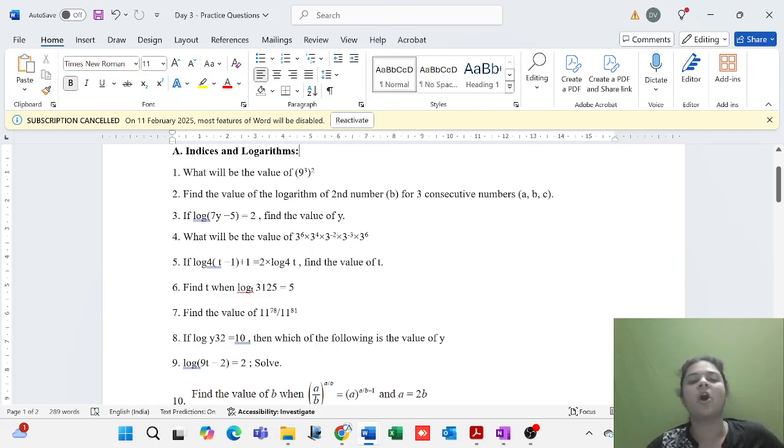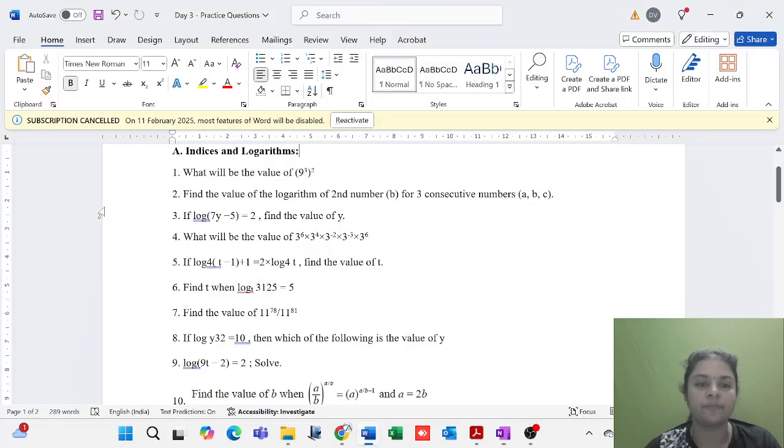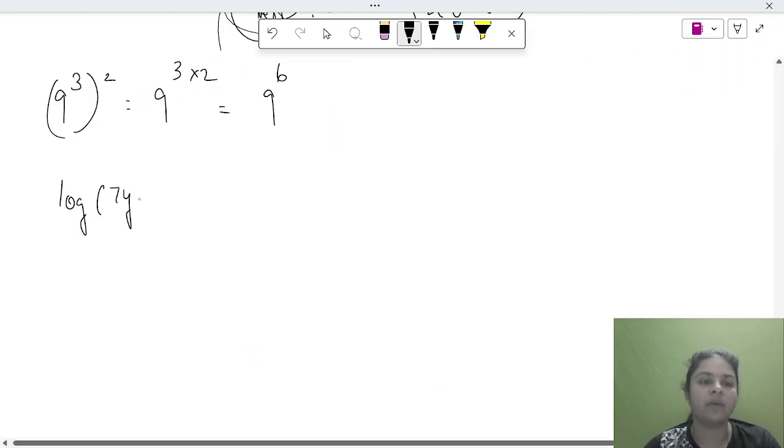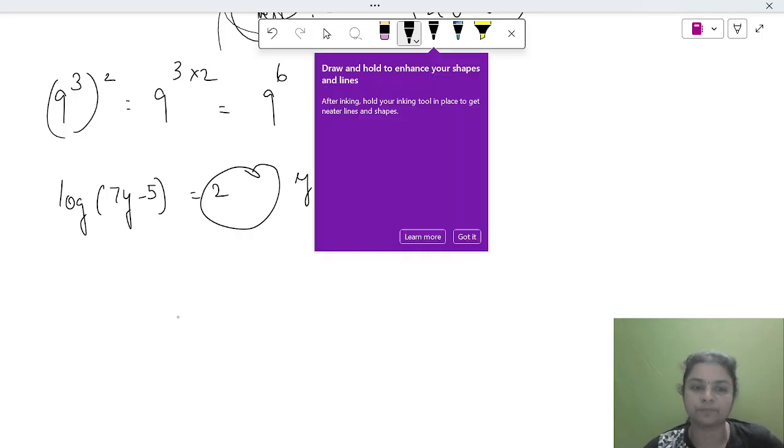Find log of 7y minus 5 equals 2. Find the value of y. What is y? Now, if I have to equate this equation to some value, I have to have log also on the left side, correct?